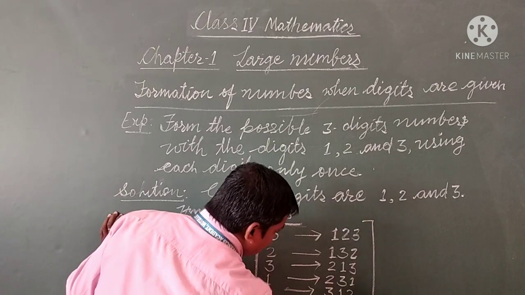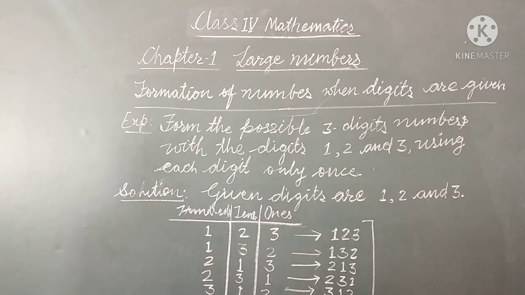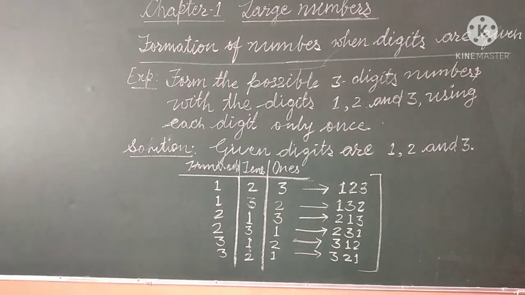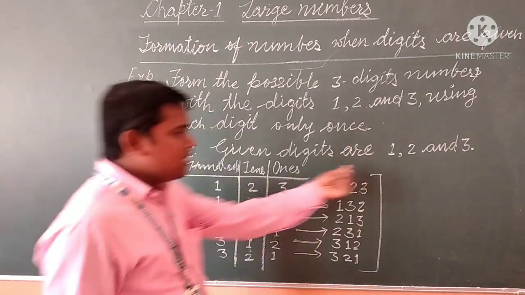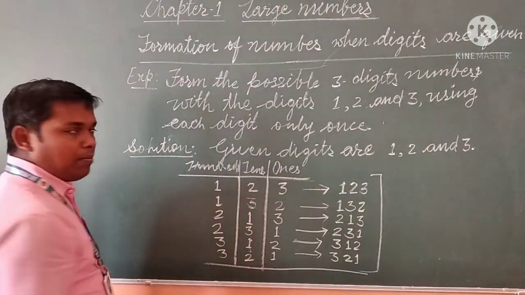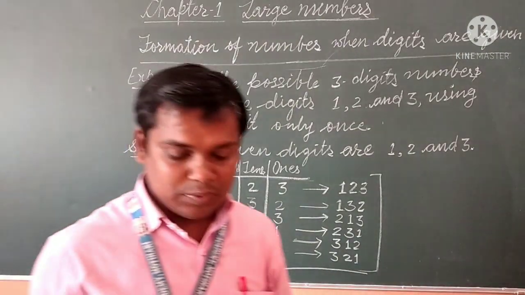So these are the numbers which will form when we have 3 digits 1, 2, 3, using each digit only once. So like this you can form the numbers when digits are given to you.